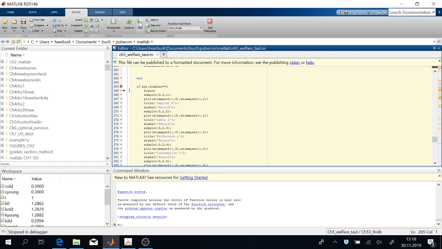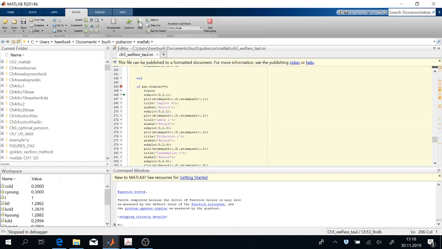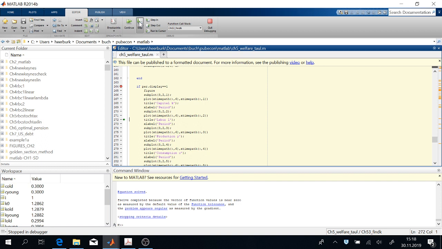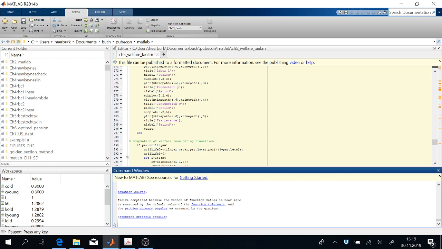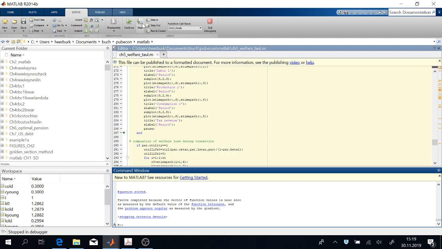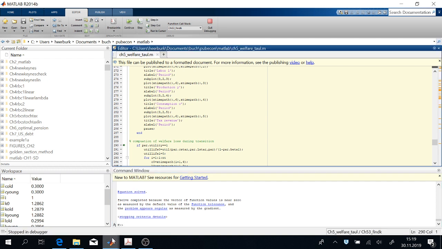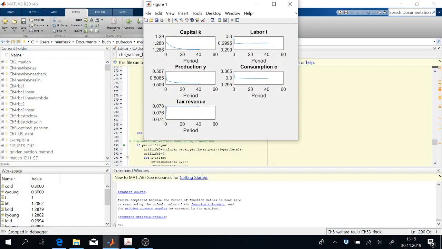Now the value of display is set equal to 1, so the figure will be displayed. I have to press any key so that you have the solution displayed in figure 1 here.